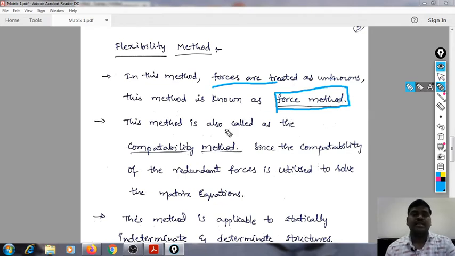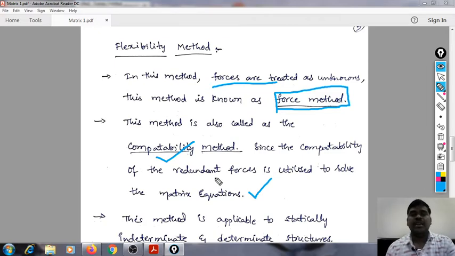Next, this method is also called a compatibility method. Why? Because the compatibility of redundant forces is utilized to solve the matrix equations. For an indeterminate structure, apart from the equilibrium equations, we also need the compatibility equations or compatibility conditions.